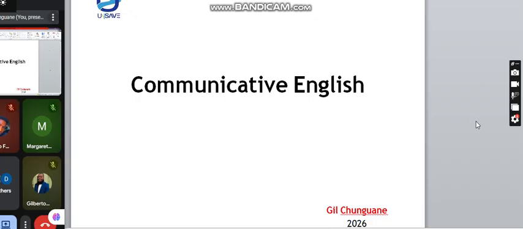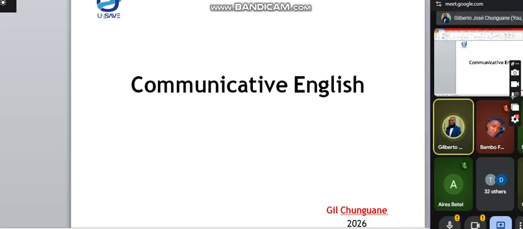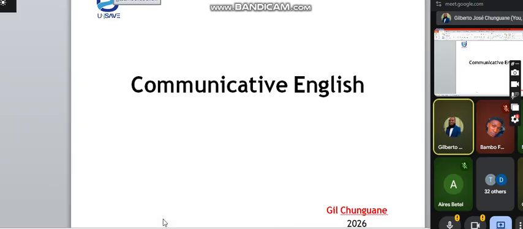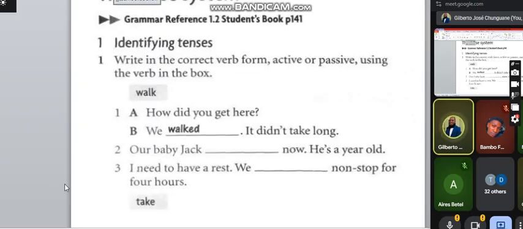Now, let's dive into the task itself. Let's go to the first part of the task, where you were supposed to revise the tense systems. The first part is about identifying tenses that are used in different contexts using the verbs that we have in this exercise.